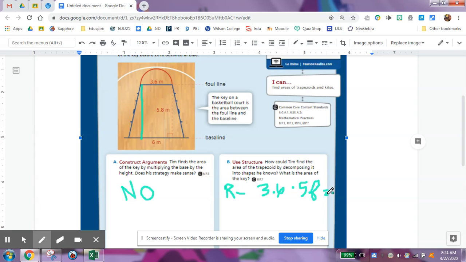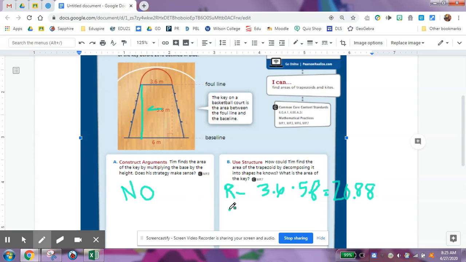So we can use our calculator and multiply 3.6 times 5.8, and that tells us that it's 20.88. So the area of the rectangle is 20.88. Now that is not the area of the trapezoid. We've only found the area of this inside part.